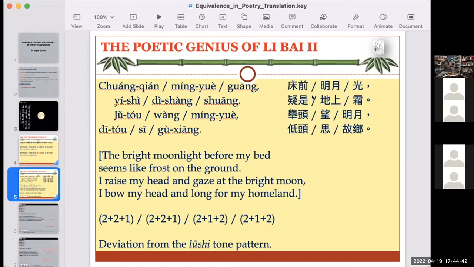So there is a pause after a certain number of feet, based on the rhythmic and the grammar structure. We pause when we read poetry. We pause according to the meaning, according to the rhythm, according to the grammatical structure of the sentence. Okay.